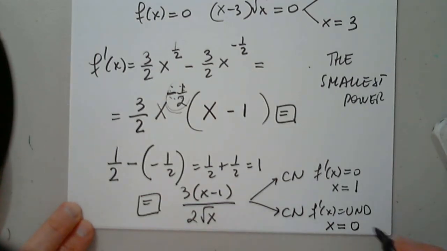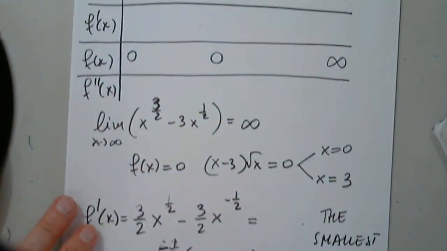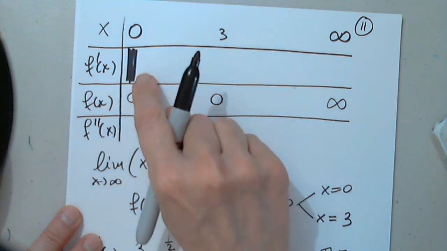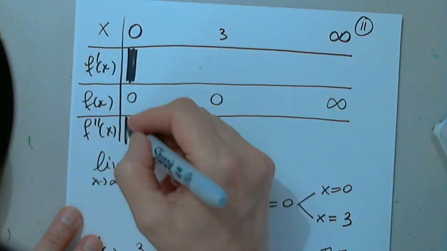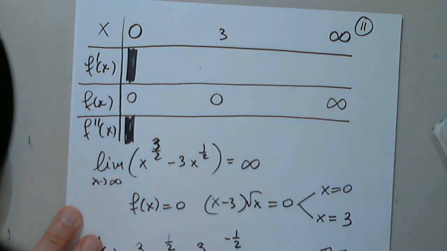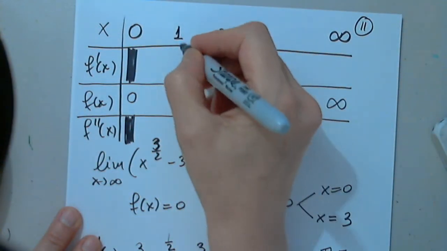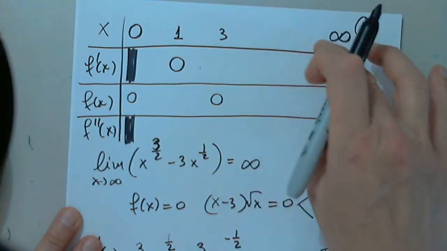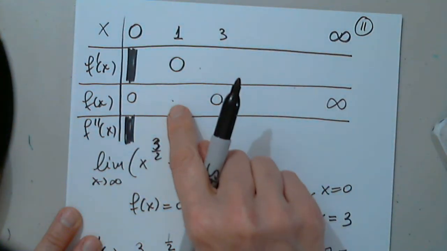Yes. Awesome. Because the function exists at 0. If the derivative does not exist, the second will not exist either. So I have to put 1 and I have to put 0. And immediately, whenever I put a number up here, I have to find the corresponding y value.